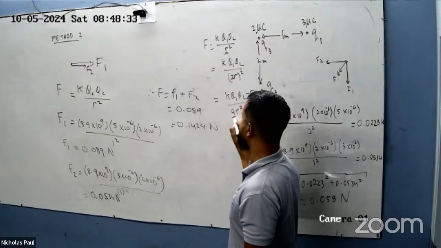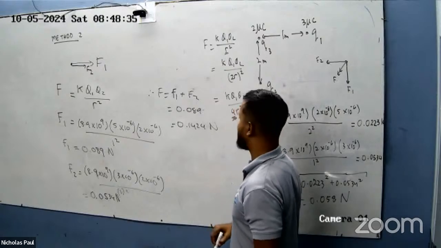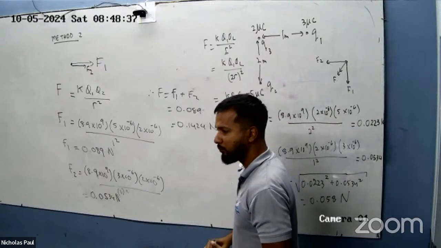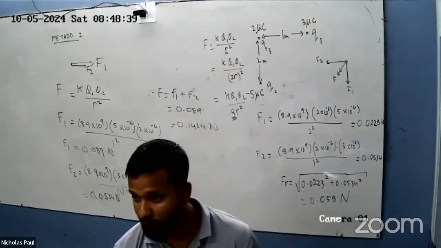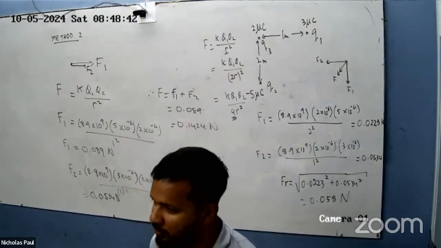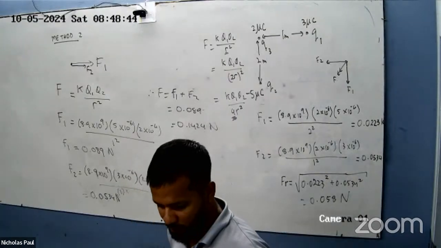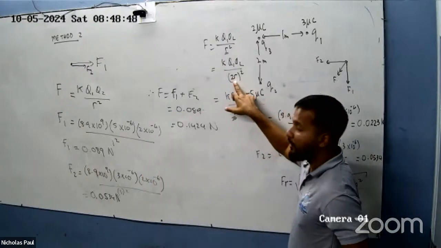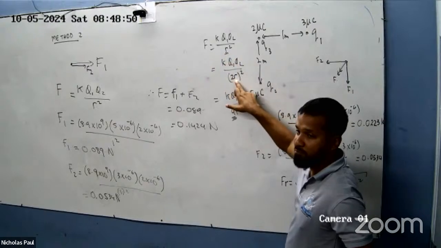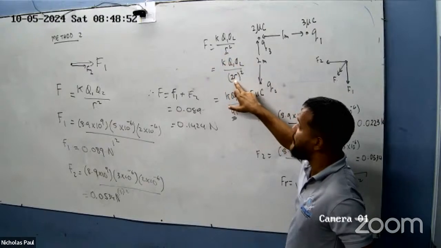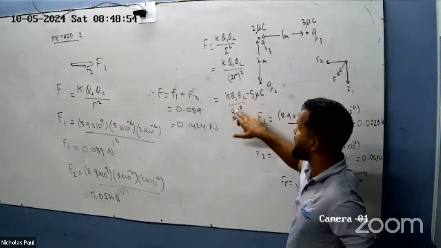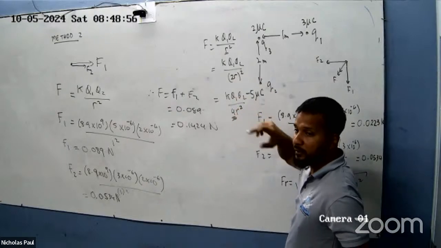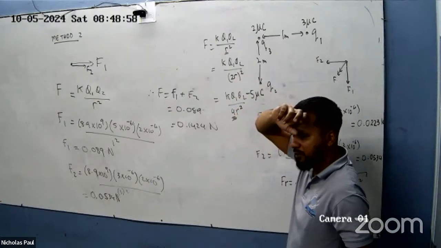So the force will be a quarter. They said the distance is doubled, so when you square that, you'll get four.